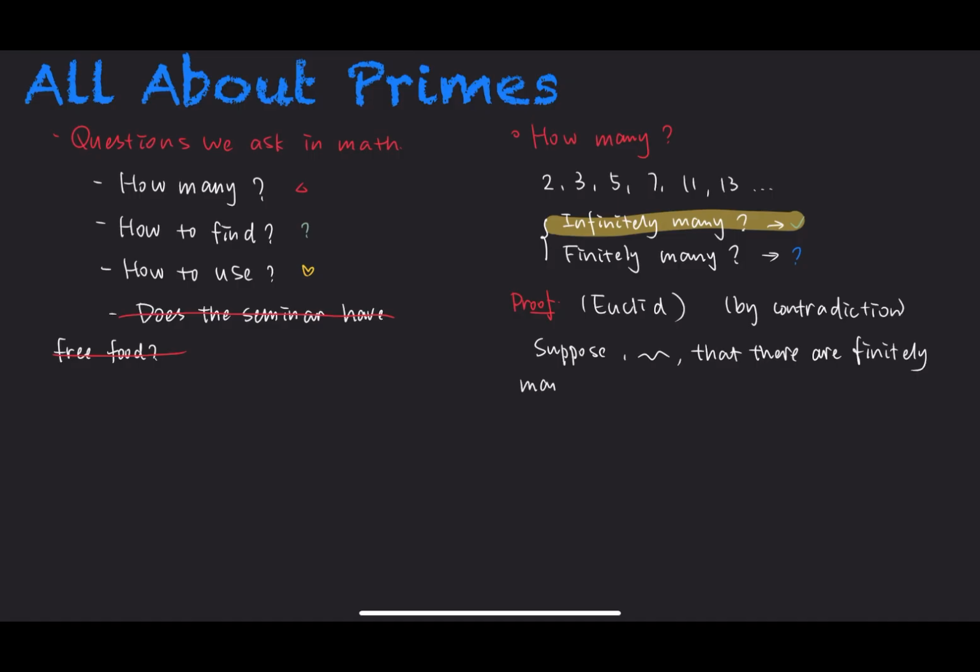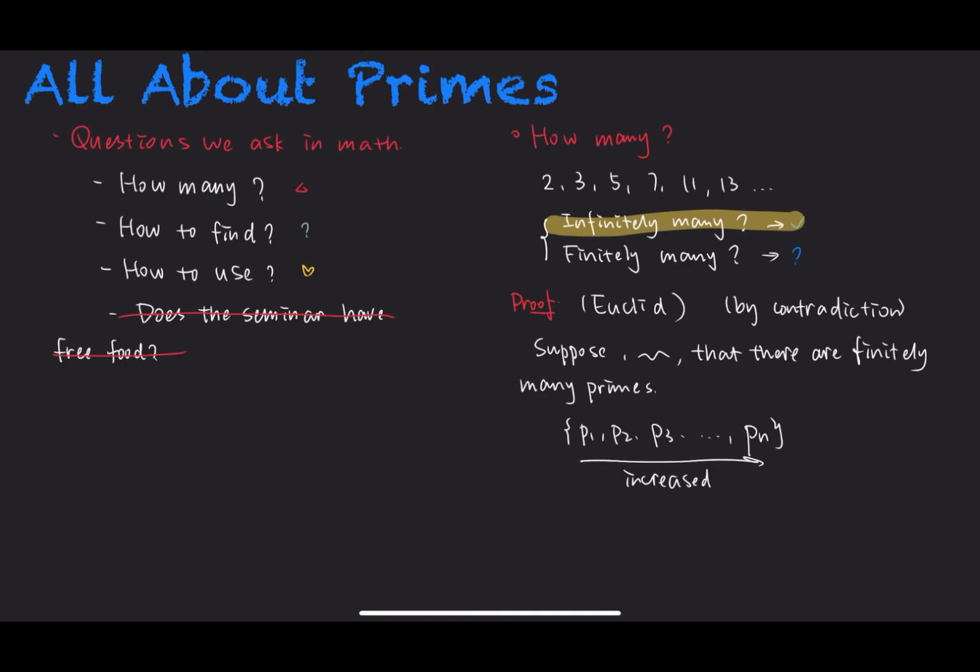We can enumerate all the primes because there are finitely many. So let's call the primes p1, p2, p3, and so on and so forth, up to the greatest prime p sub n, and those are aligned in increasing order. Because, as we suppose, there are finitely many primes, so there is a biggest prime, namely p sub n.